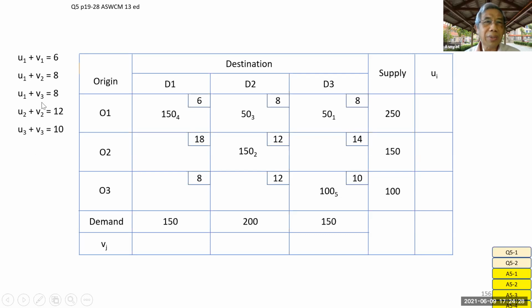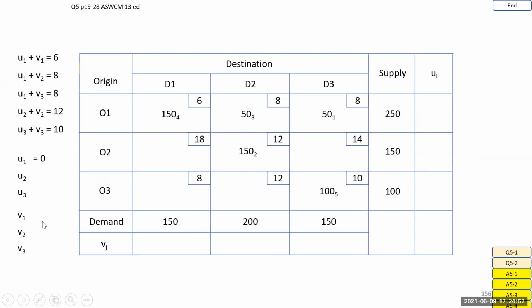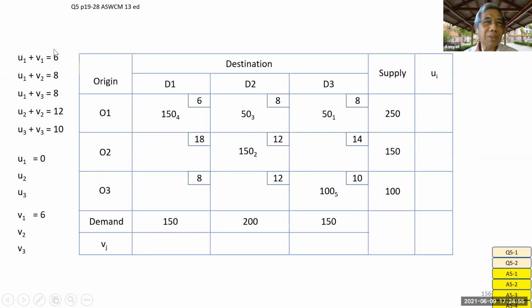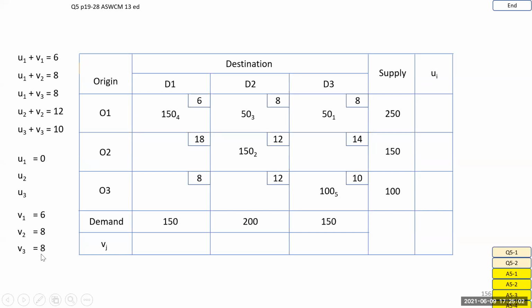We have 5 equations because there are 5 basic cells. Now we are going to find U1, U2, U3, V1, V2, V3. Normal practice, we make U1 equal 0. Then V1 equals 6, V2 equals 8, V3 equals 8.